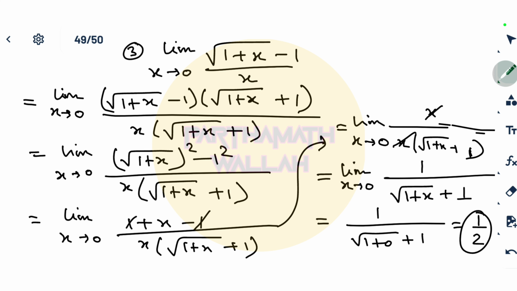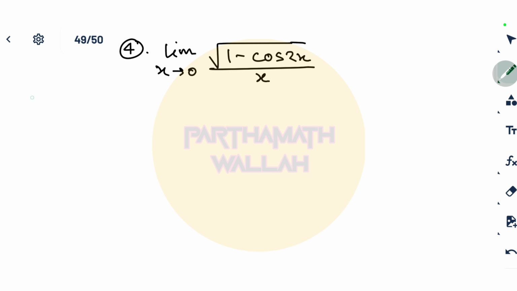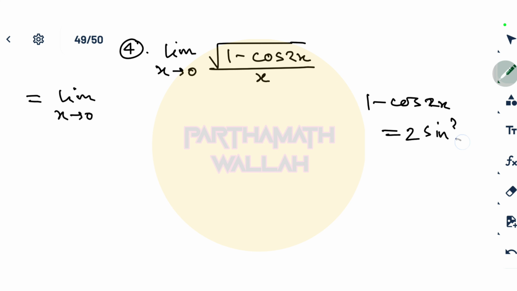Now approaching the fourth problem for today. This is our fourth problem: limit x tends to 0, root over of 1 minus cos 2x, by x. This is a direct application of trigonometry from class 11. We know that 1 minus cos 2x gives 2 sin square x.